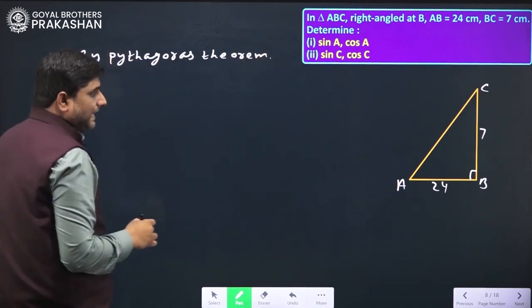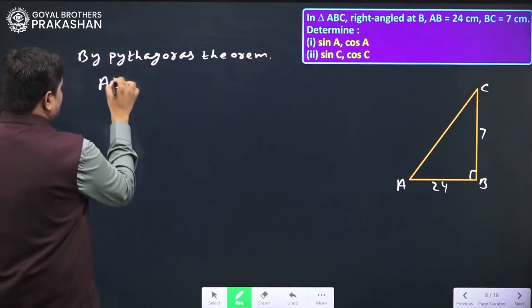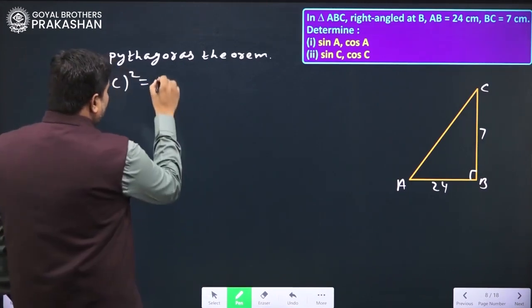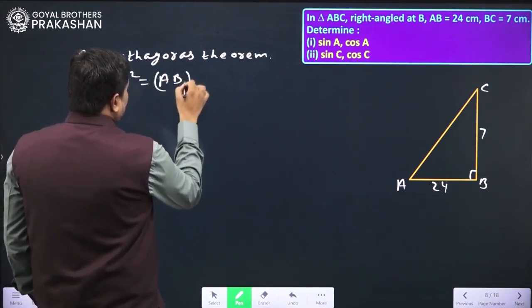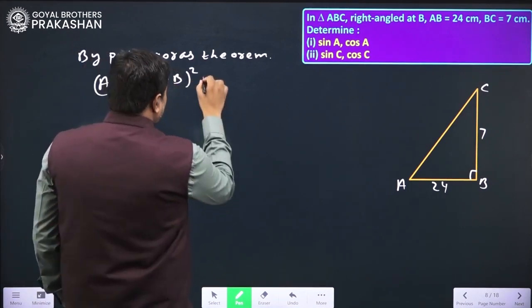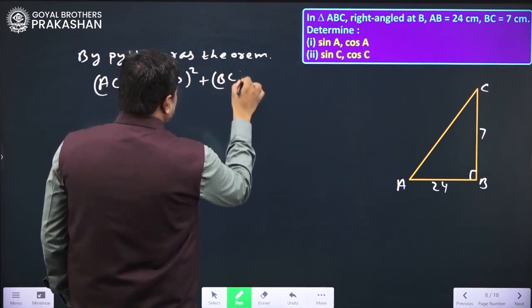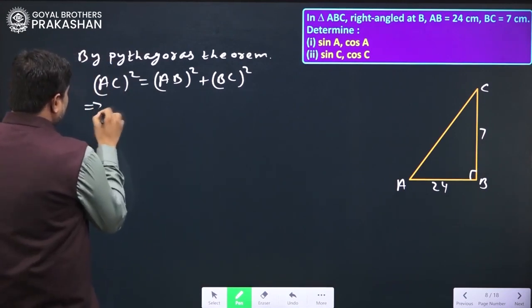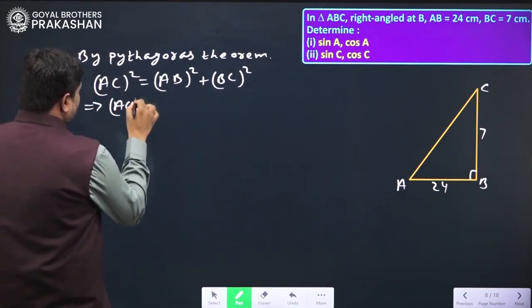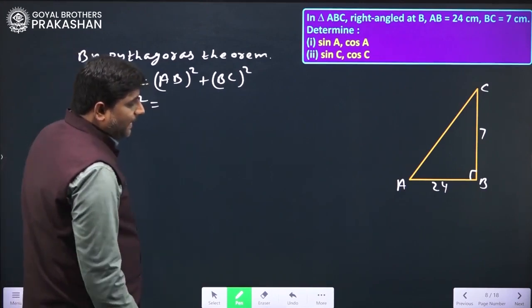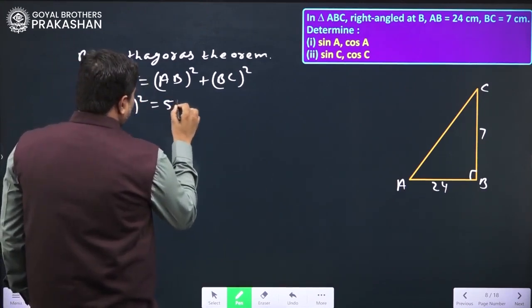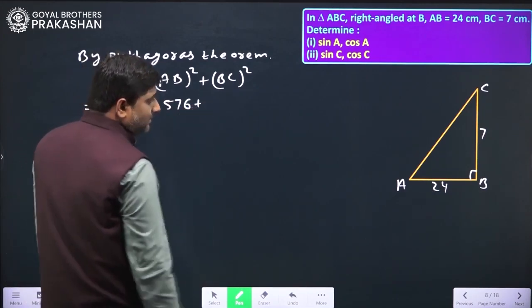we can write AC square, that is hypotenuse square, is equal to AB square plus BC square. Now AC square is equal to AB square, AB is 24, 24 square is 576.